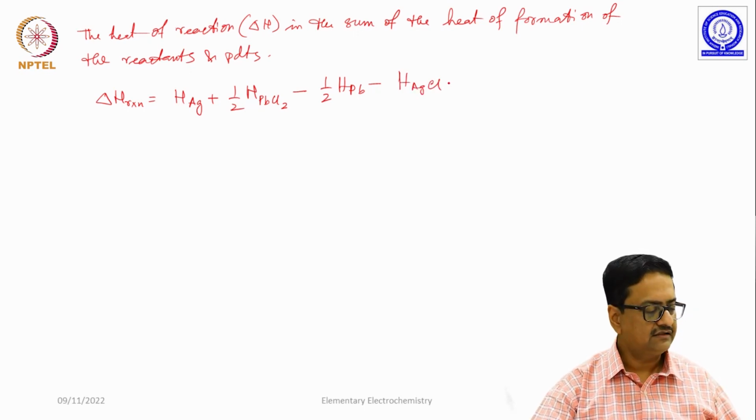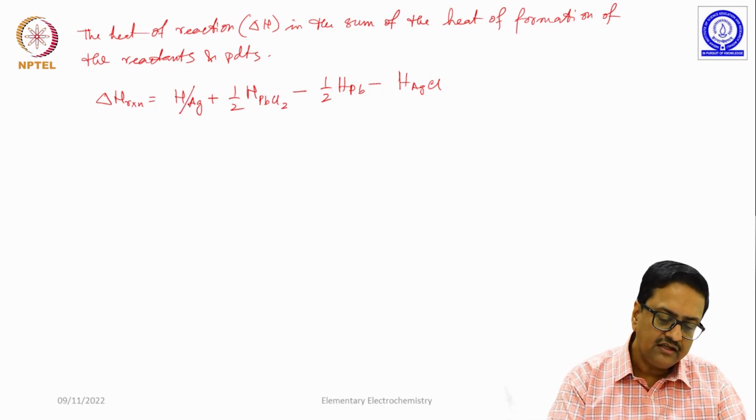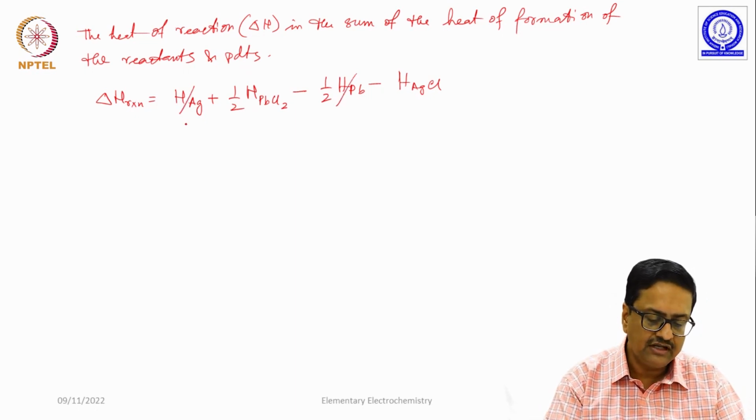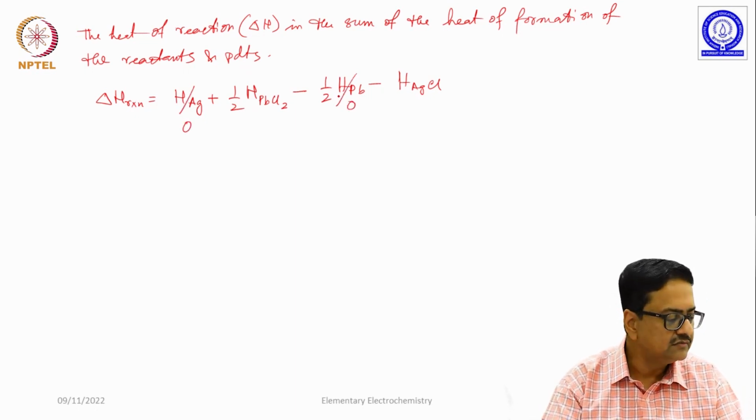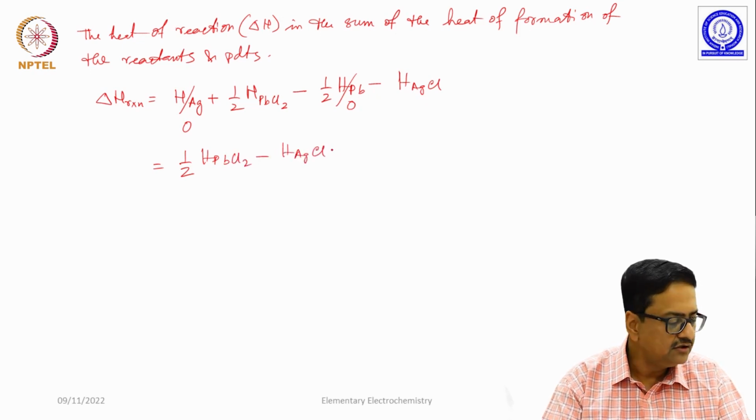Now, at standard state, the heats of formation of pure elements are taken to be 0. So, it is nothing but half of H of PbCl2 minus H of AgCl.